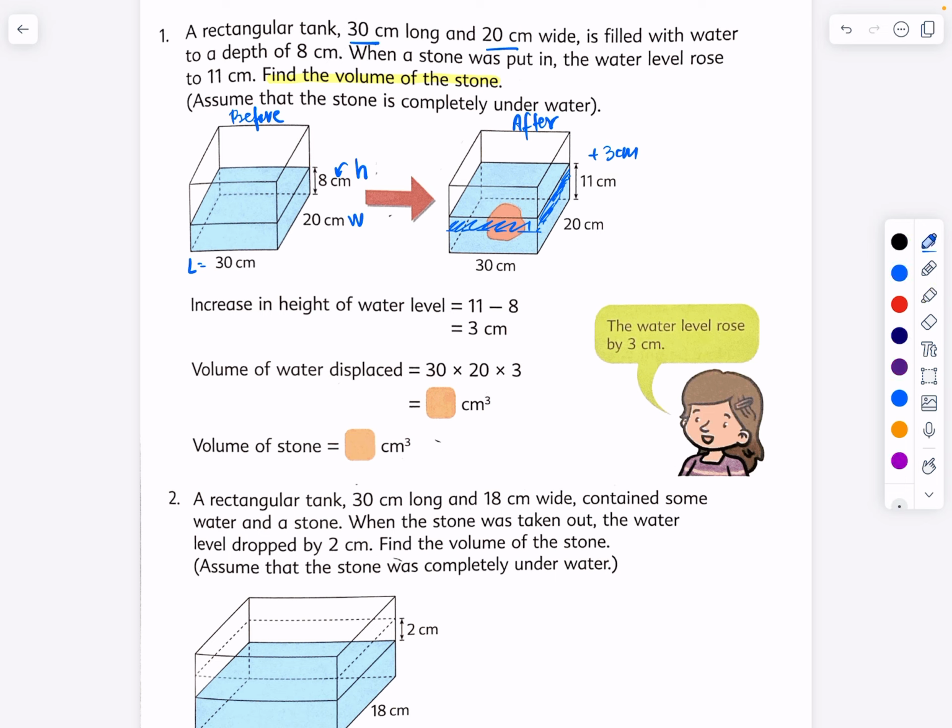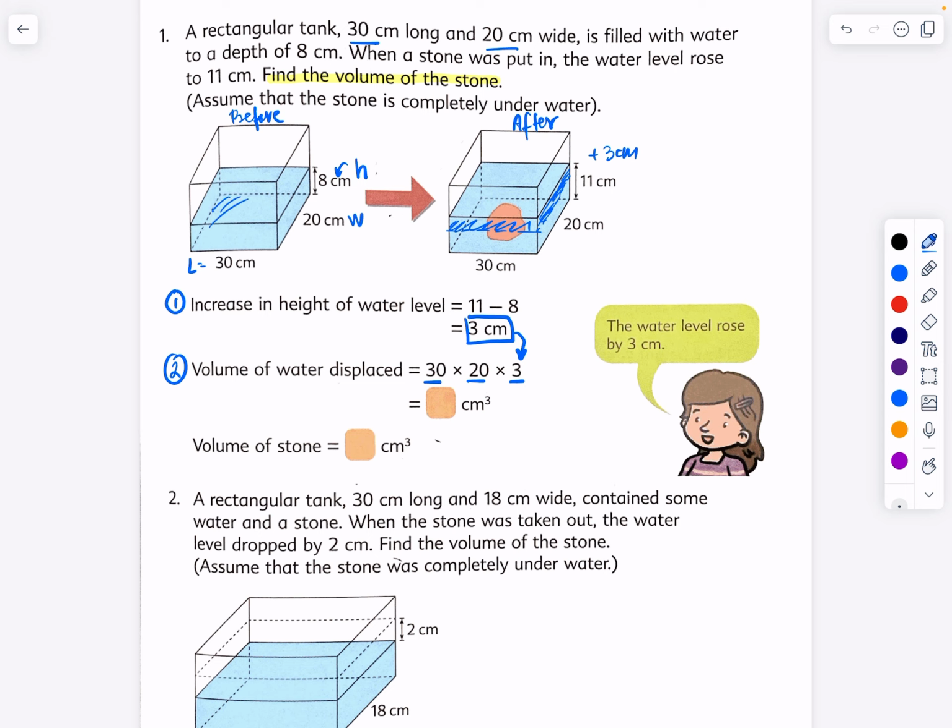Let's look at the volume of displaced water. So, step one, we know that the height of the water level changed by 3 centimeters, 11 minus 8. Step two, volume of the displaced liquid, we can find the volume: length times width times this change of height.